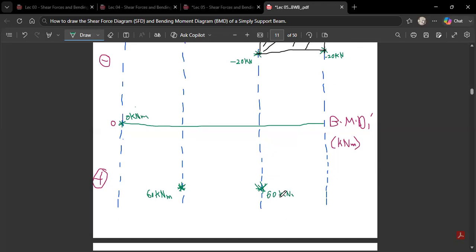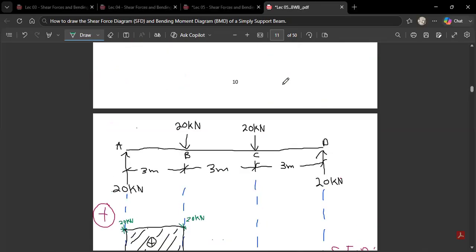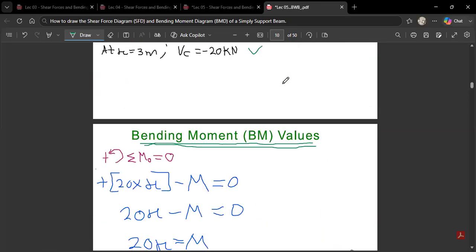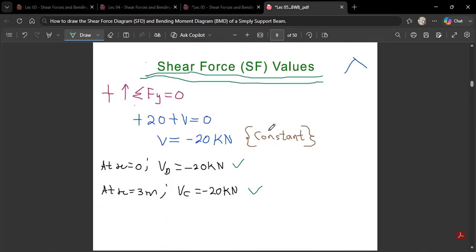So from here, let's go to portion DC and let's come and plot the last one. Look at portion DC. This is portion DC over here. And portion DC, realize that for its bending moment values, the bending moment values we had were what?